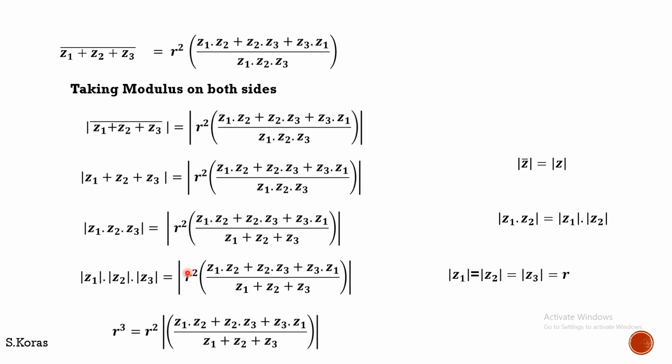If it is negative, the answer will be positive outside the modulus. That's all. Nothing is going to change in the numbers. The same modulus number will come out. Just this is a number, so it will come out as it is. So there is no need to worry about that, because r square is simply a positive one. So the same value will come out of that modulus.